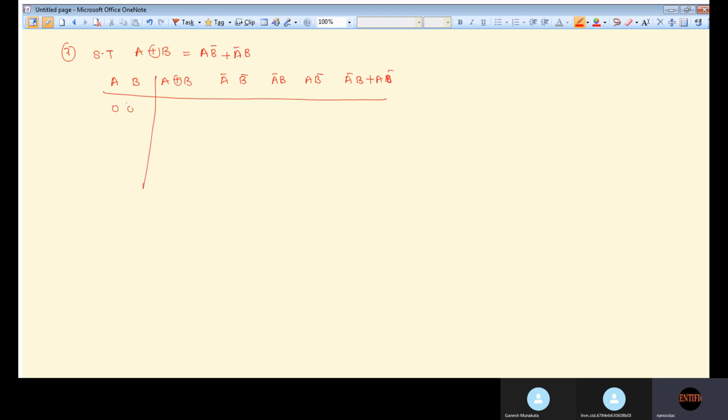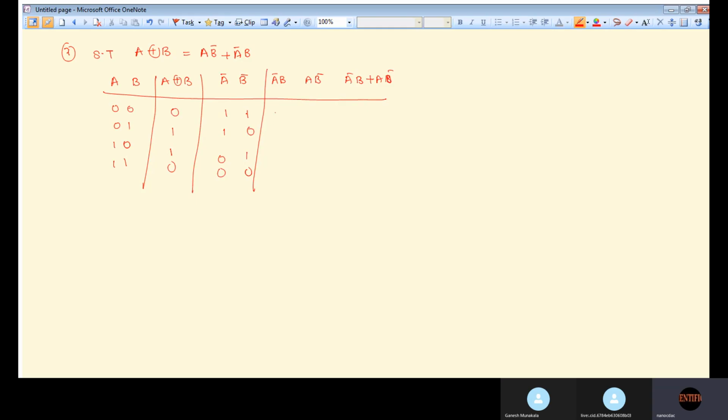AB values are 00, 01, 10, 11. For A XOR B, we know the truth table is 0 1 1 0. What is A bar B bar? A bar is 1 1 0 0, and B bar is 1 0 1 0. Now what is A bar B?